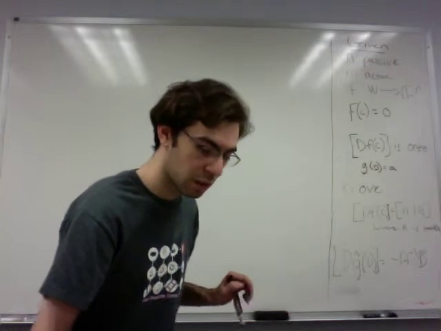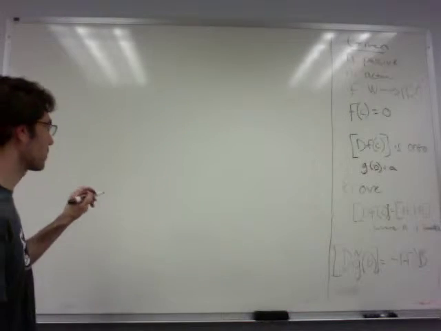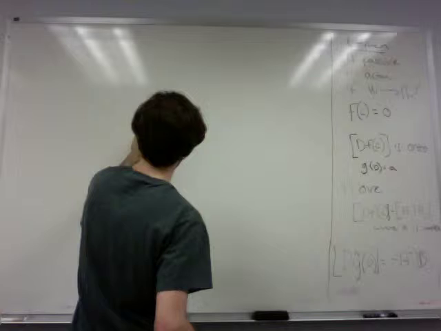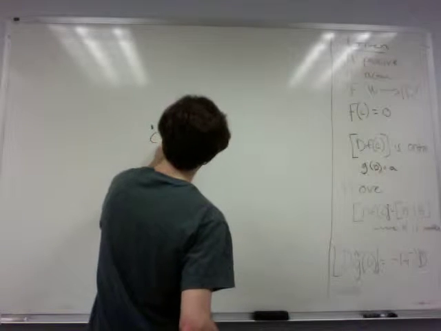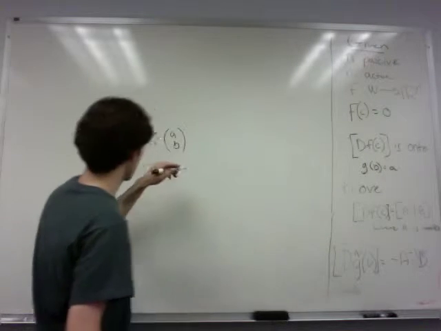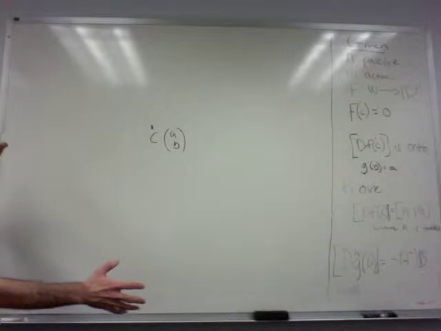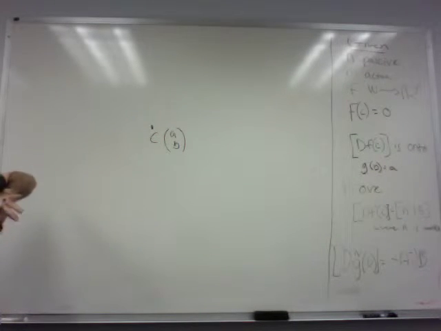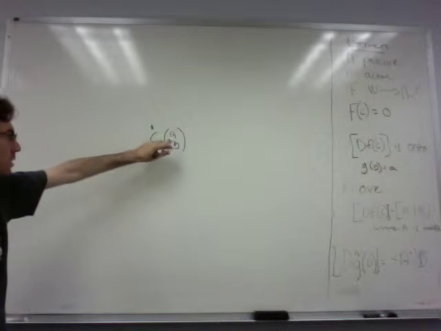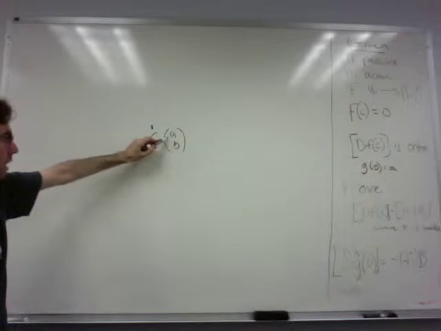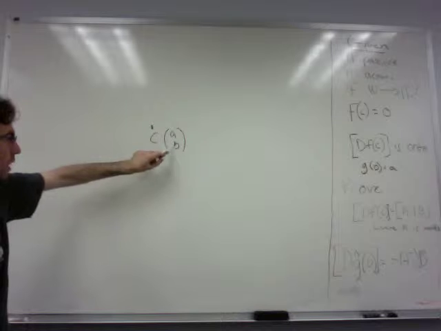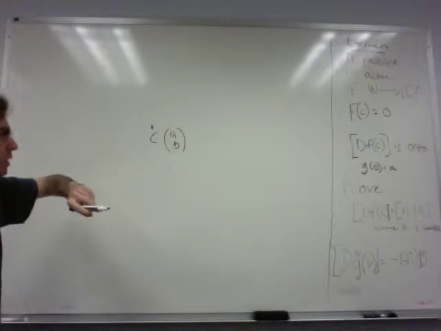First I'm going to draw you a diagram just so that you have a sense of what's going on. So here's a point C. This is in R^(n+m), but we're putting it onto the plane. C is really A, the passive variables, and B, our active variables.